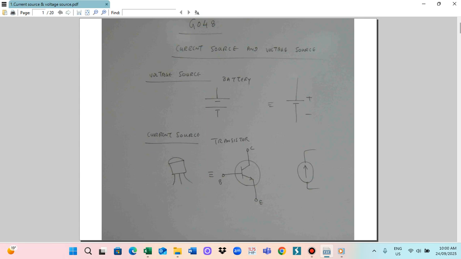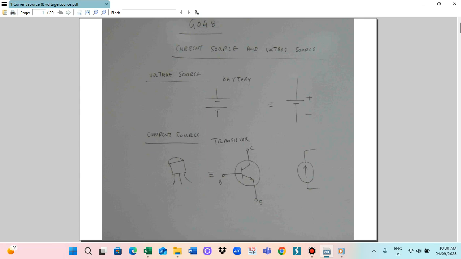You can see the transistor on the diagram here. So this is normally how I draw the transistor, like this.